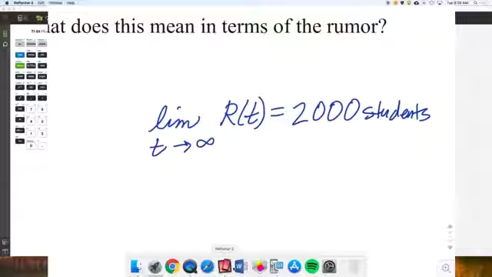It's still coming to me slowly. He'll never fully get the rumor. But in practicality, will the entire student body find out? Yes. So there are limitations to mathematical models. We use them to predict, we use them to interpolate and extrapolate, but we always have limitations.